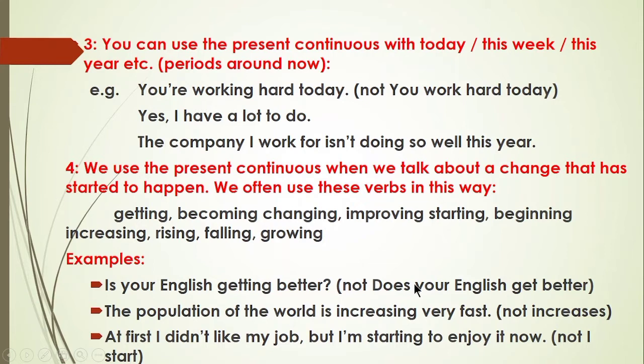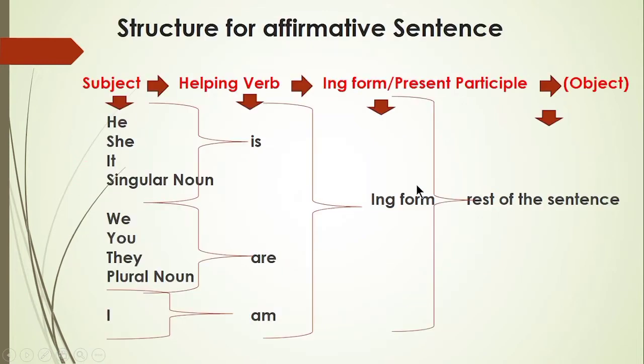We cannot say, does your English get better. So here the purpose is not that the person's English is getting better at the current time. We just talk about it generally: is your English getting better? The population of the world is increasing very fast. At first I did not like my job, but I am starting to enjoy it now. So that is how we can use present continuous tense for such actions.